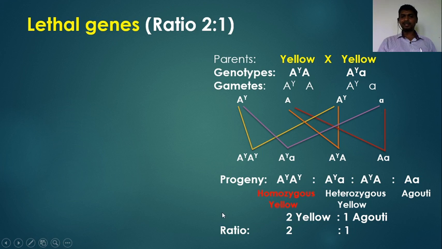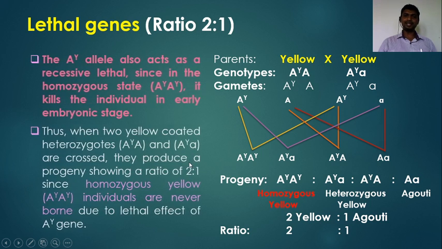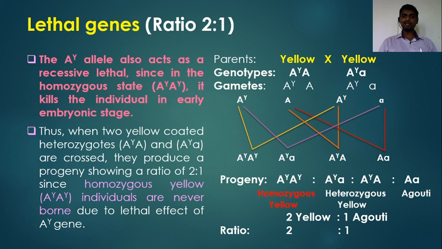Due to the lethal gene, the monohybrid ratio, that is 3:1, has been modified into 2:1 because of the death of the one homozygous individual. So this is about the lethal gene. The AY allele also acts as a recessive lethal, since in the homozygous state, that is capital AY, AY, it kills the individuals in the early embryonic stage.